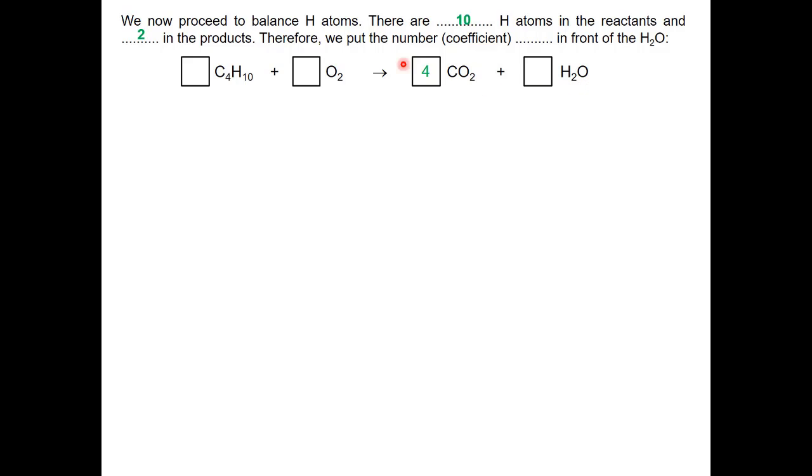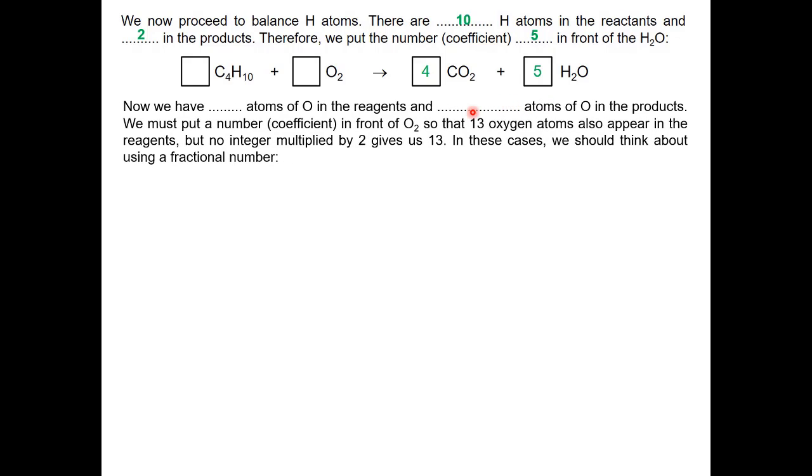Therefore, we put the coefficient 5 in front of the water. What is the coefficient here? That's right, the coefficient here is 5.